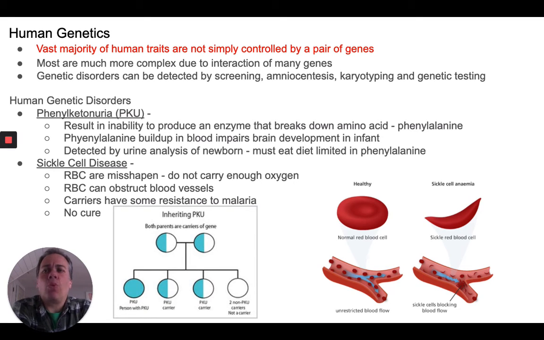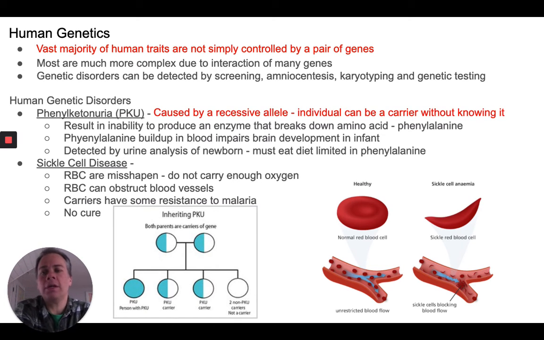But we can now detect these genetic disorders using certain techniques of modern genetics where we can actually test and see if a person has certain genes. There are other ways to do this too: screening, looking at the symptoms a person has, taking samples of fetal cells with an amniocentesis, creating karyotypes, genetic testing. These are all ways of trying to determine whether or not a person has a certain trait.